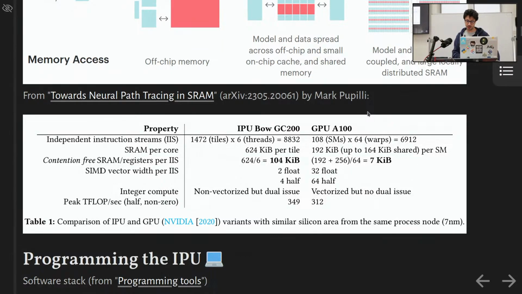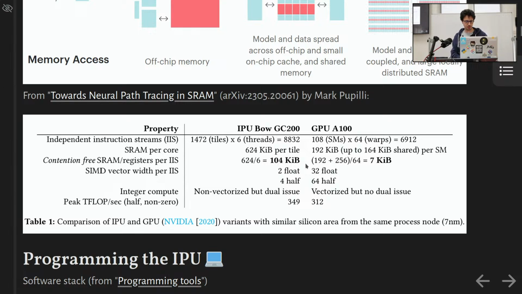Some other technical comparison with the GPU. This is the A100, which by now is a bit old. You can see here the number of independent streams. For the IPU, it's almost 9,000. For the A100 it was about 7,000. The SRAM per core is 600 kilobytes per tile on the IPU, and about 192 kilobytes for the A100.